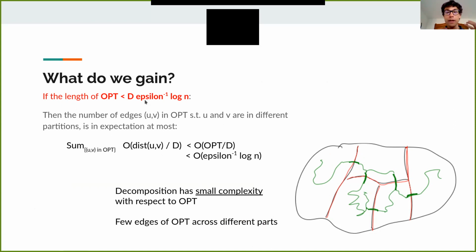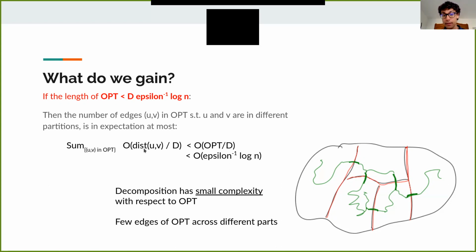Because then we are going to look at the expected number of edges of opt that are going to be across different parts. So the number of edges UV in opt, in this solution, such that U and V are in different parts, is in expectation at most the sum over all such edges times the probability that this edge is split, that U and V end up in different parts.